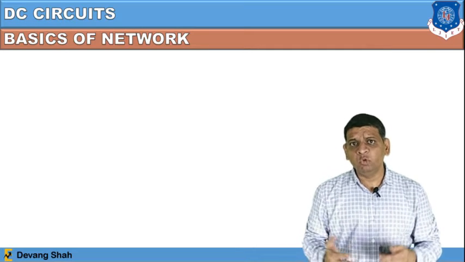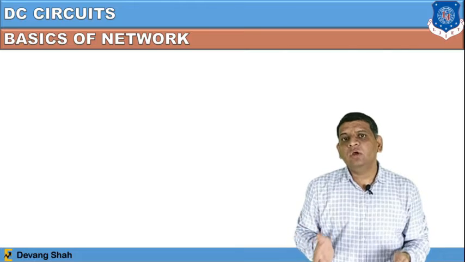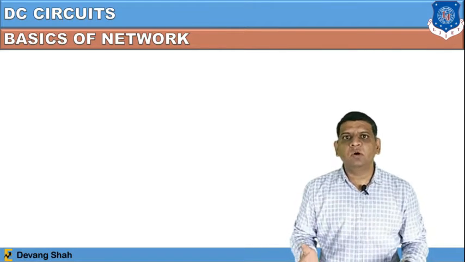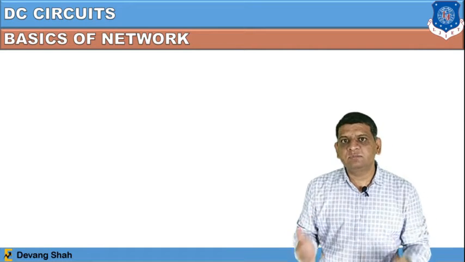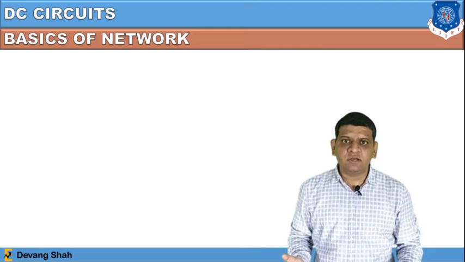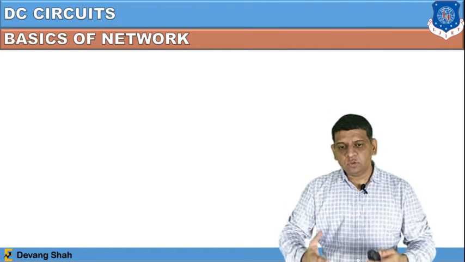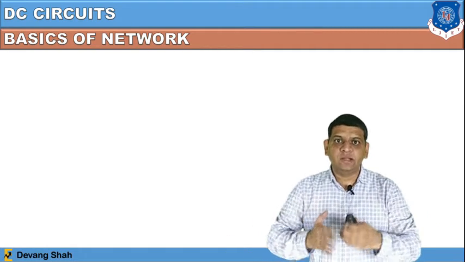Because once you design any circuit, you have to analyze it. In our previous lecture we discussed that our main aim in learning this subject is to design an electrical or electronic circuit. Once you design any electrical circuit, you have to solve it, you have to analyze it.